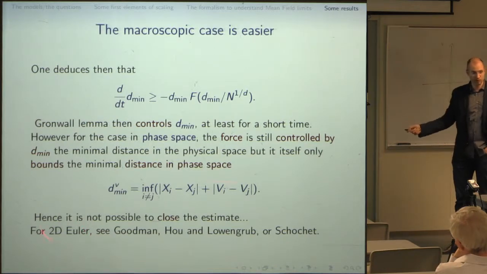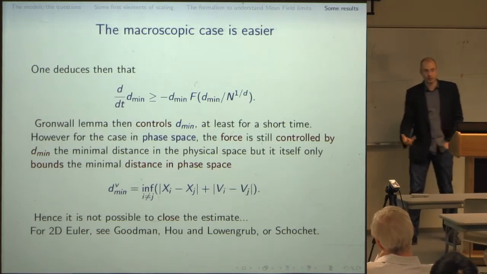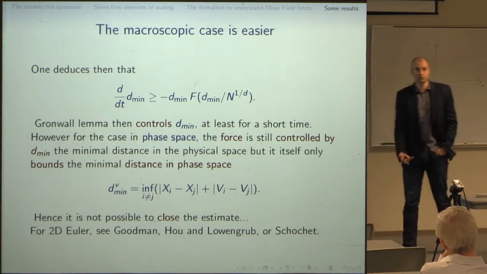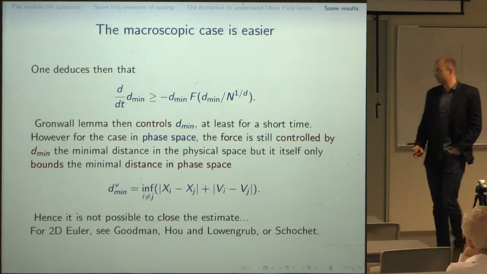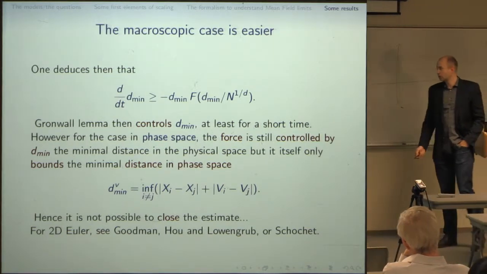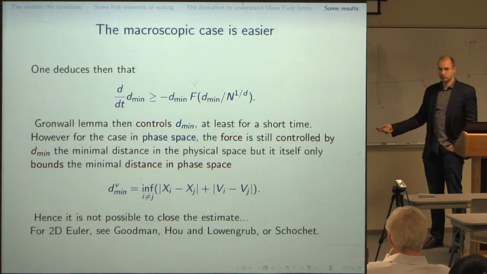That guy. And again, there's a really good reason for that. For second order models, you have collisions between particles. You cannot avoid them. And you do not have them for first order models. So the 2D Euler, for instance, you can see those papers. So this is early 90s, this is late 90s.